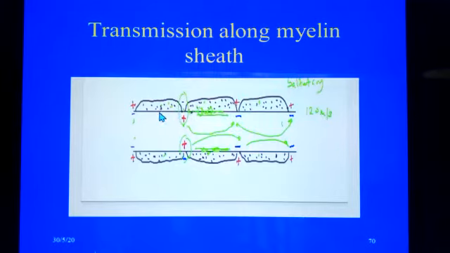So once an impulse reaches this portion, it is expected that it will be boosted, such that the moment it is jumped over to the next axon, the speed of transmission is much higher. So in short, the transmission of a nerve impulse along a myelinated sheath is relatively faster compared to a non-myelinated nerve cell.